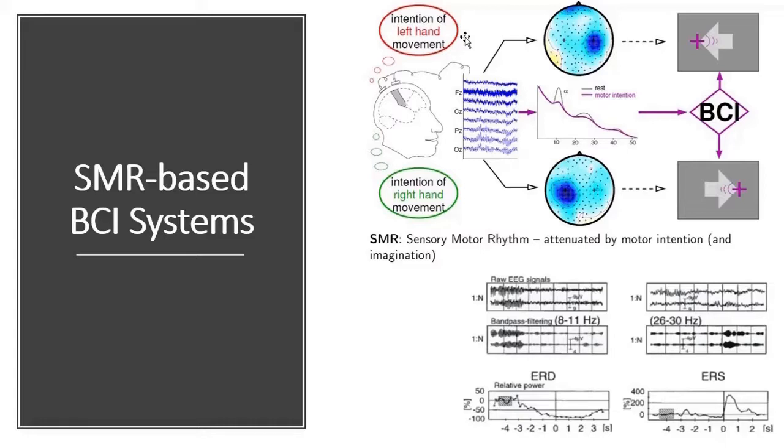Basically, the subject imagines movement of the right hand versus the left hand. By placing electrodes over the sensory motor cortex around this area and recording the data, we can classify into two classes. So we can decode or discriminate left hand versus right hand, which allows us to build binary BCI systems.